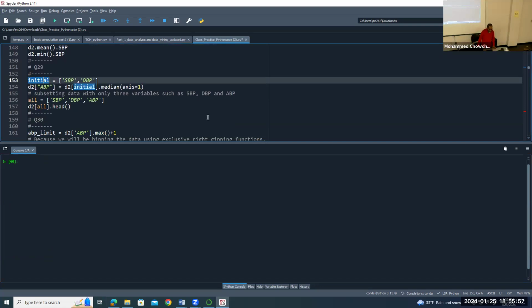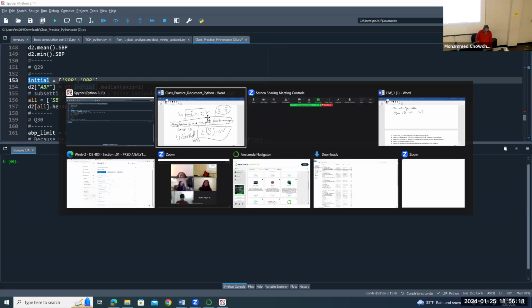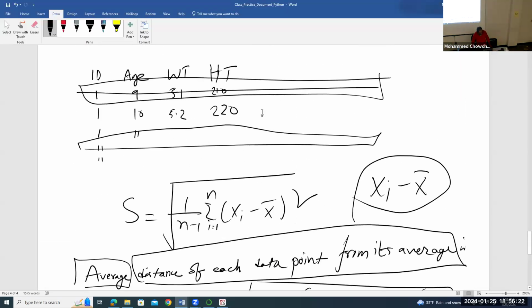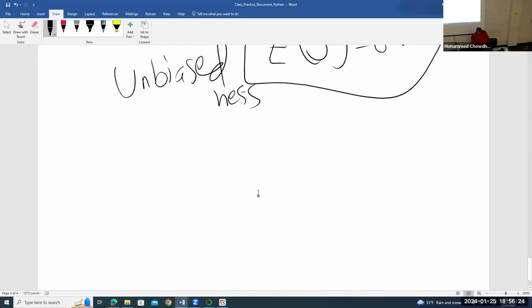Now, what I want to do, as I mentioned, SBP and DBP are the two blood pressure measurements. One is high, one is low. I want to find the average of them and create a new column. So suppose this is the data.